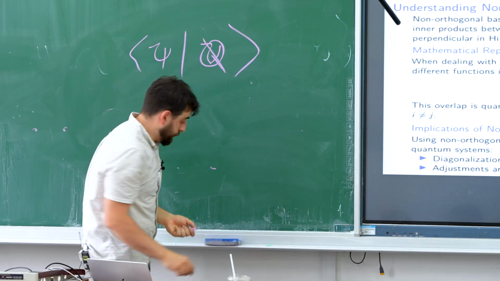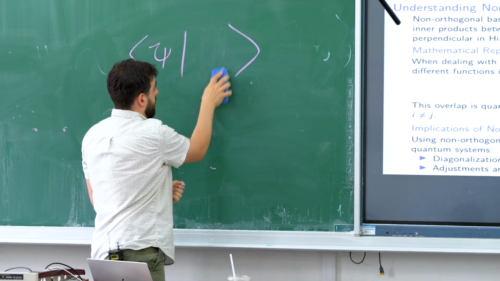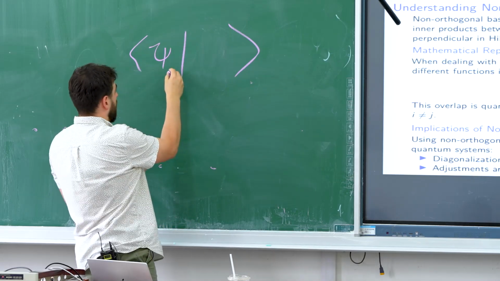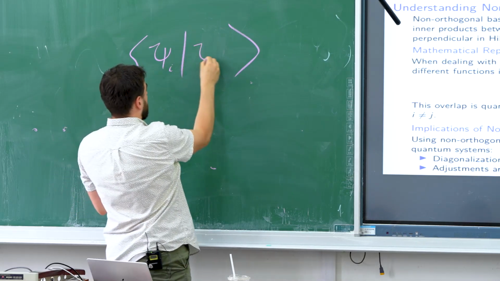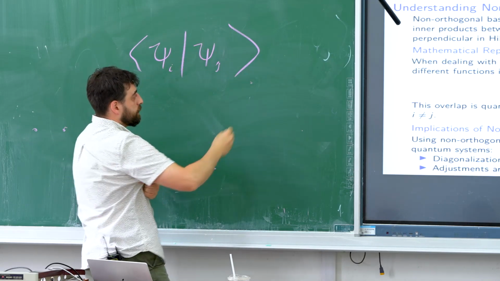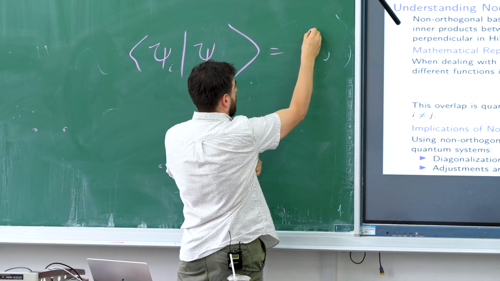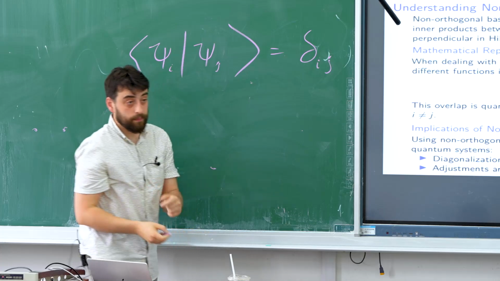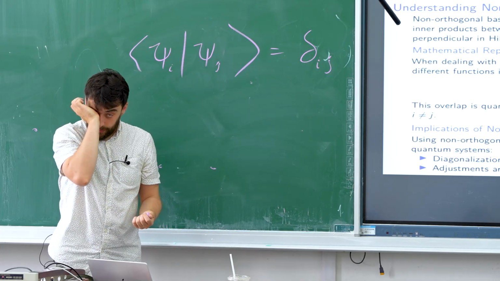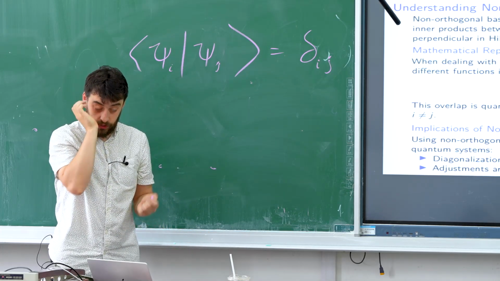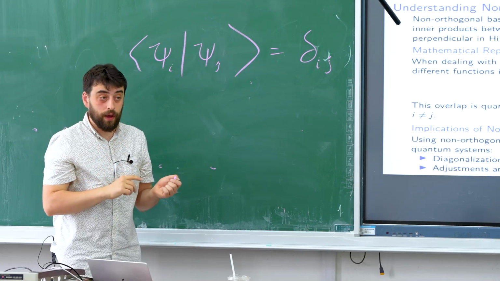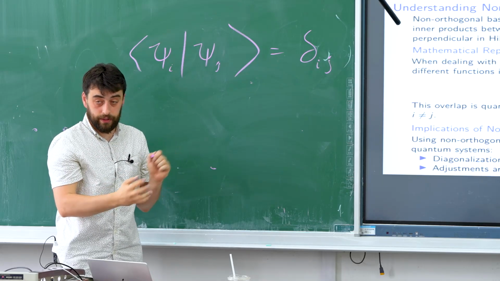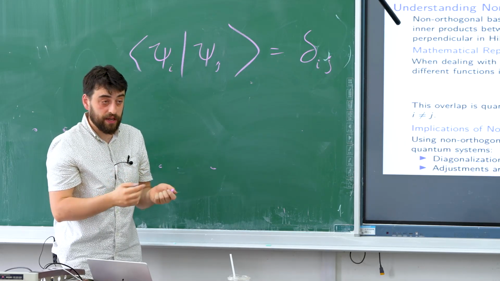Let's write this more generally, as i and j. If this is orthonormal, I'm going to have a delta function. So when it's the same, I'm going to have 1, and when it's a different basis function, I get a 0. Effectively they don't overlap.